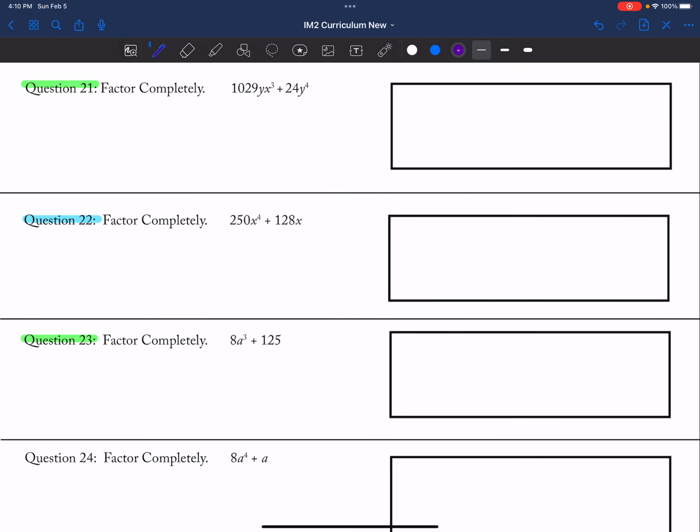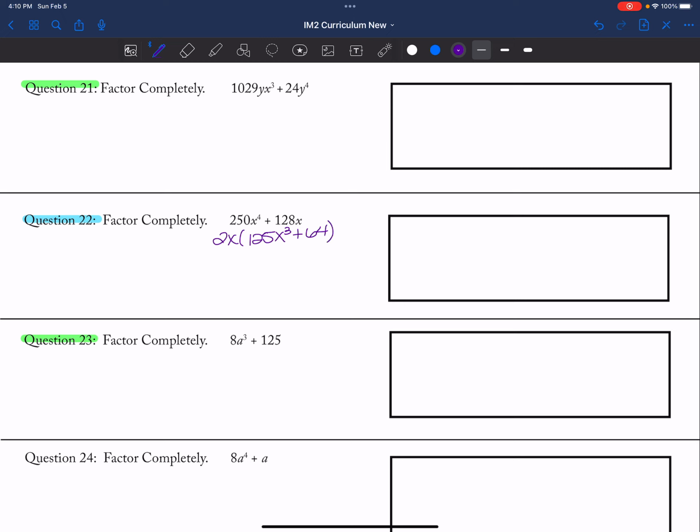Ooh, looks like there's a common factor in here. There's for sure an x. Maybe, and I think we should pull out a 2x, because that will leave me with 125x cubed plus 64.